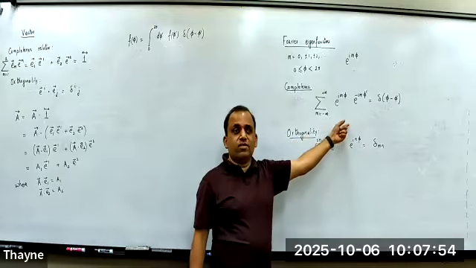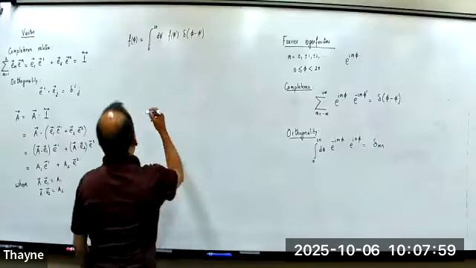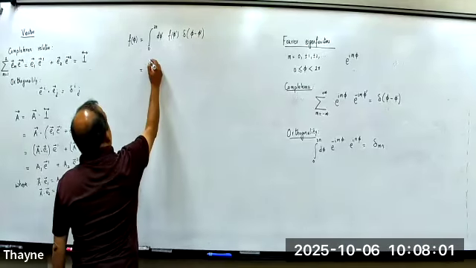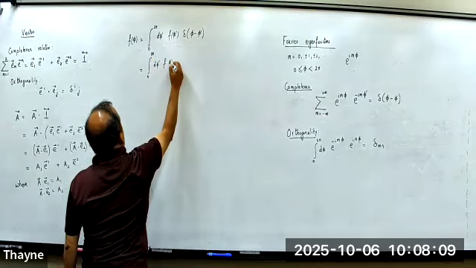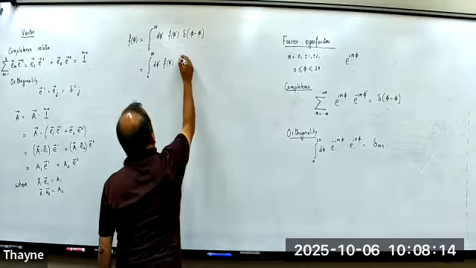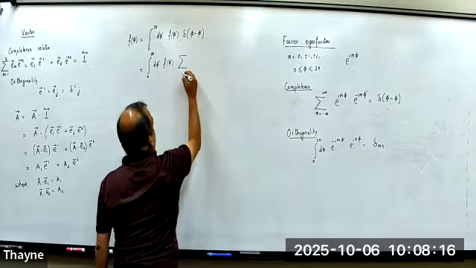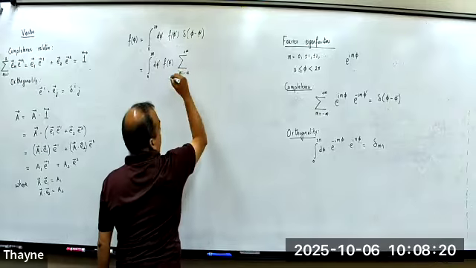I will replace it with this whole summation there and do the same thing. So this is equal to 0 to 2 pi, d phi prime f of phi prime, and the delta function is the summation there, going from minus infinity to plus infinity.